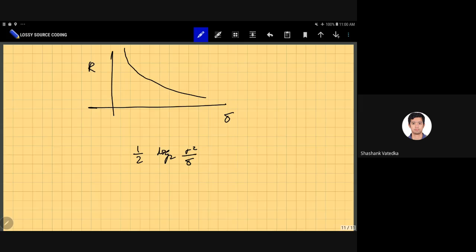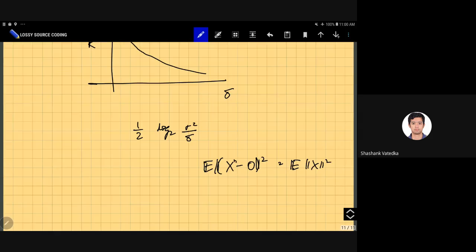So you know that the expectation of x minus 0 the whole square is expectation of x square. So this is basically the variance, which is just sigma square.